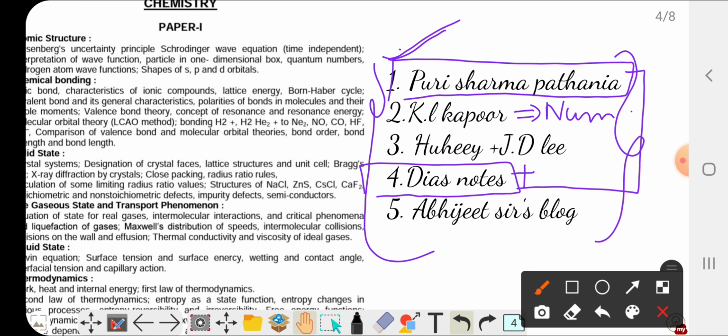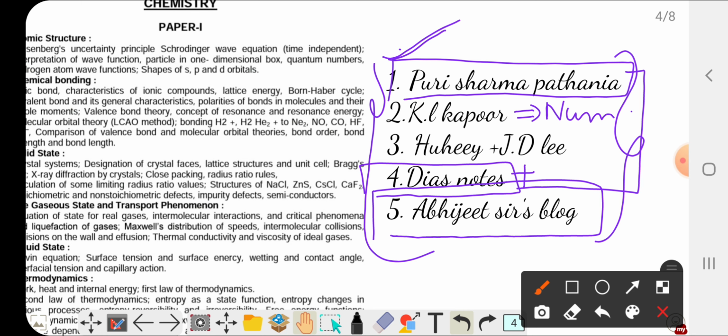Or you can also refer to Abhijit sir's blog. They have also uploaded the complete Google Drive link of their notes. They are very comprehensive. If you don't have Dias notes, you can get Abhijit sir's notes printed out. They have also made the notes from Puri Sharma Pathania and KL Kapoor or Atkins.